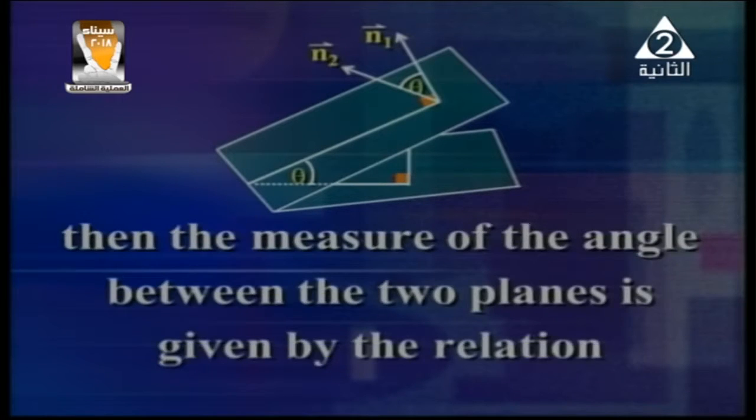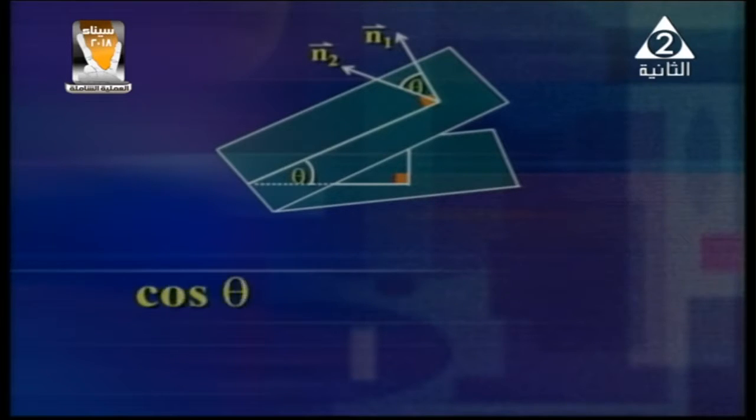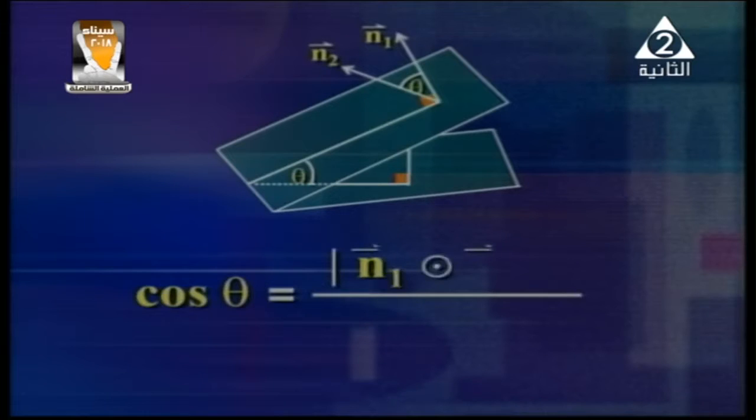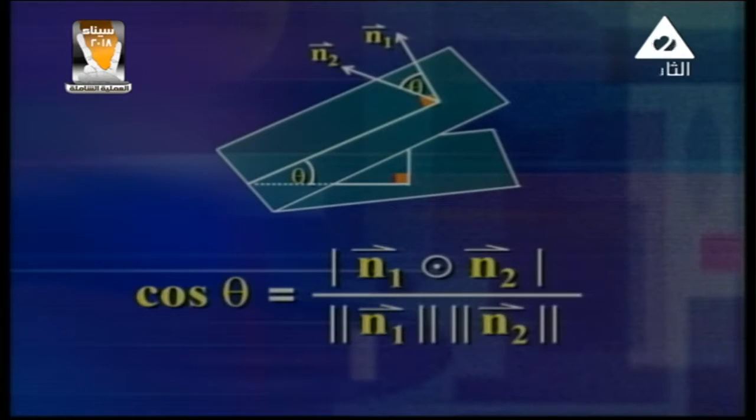Then the measure of the angle between the two planes is given by the relation cosine theta is norm N1 dot N2 over norm N1 multiply norm N2.